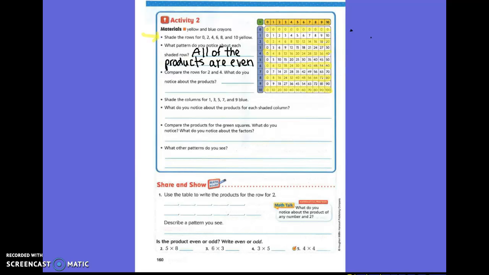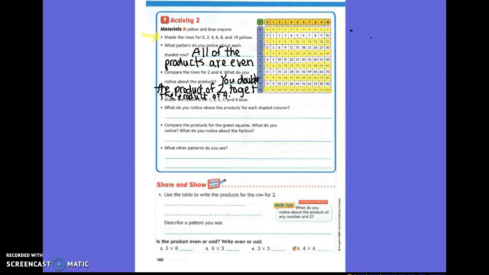Double the number in the 2s row equals the number in the 4s. Okay, you double the products for the 2s row to equal the products for the 4s row. Write that down. Okay, now we are going to shade the columns for 1, 3, 5, 7, and 9 blue.